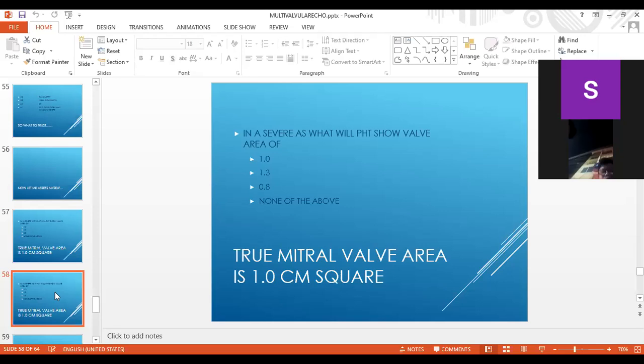When left ventricular end diastolic pressure increases, the LA to LV pressure difference falls. When LA to LV pressure difference falls, the pressure half time falls. When pressure half time falls, the valve area instead of 1 will become 1.3. Larger pressure half time means smaller area. Smaller pressure half time means larger area.